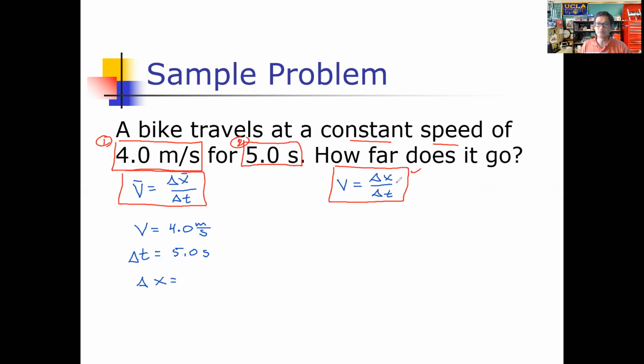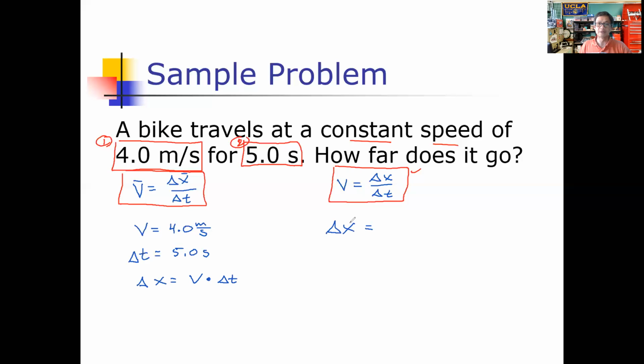In order to do so, we're going to multiply both sides by delta t. If we do so, we end up with this equation right here. From this formula that describes speed, we come up with this equation that will allow us to solve for delta x, which is the displacement. So you isolate what you're going to solve for. At this point, folks, it's just a matter of plugging in the values and solving for it.